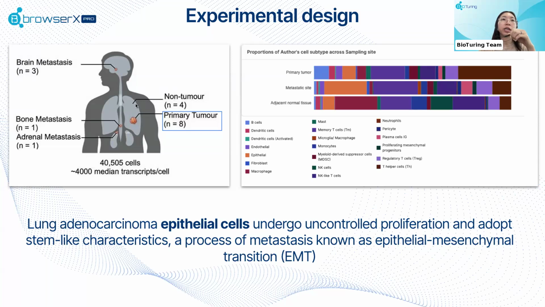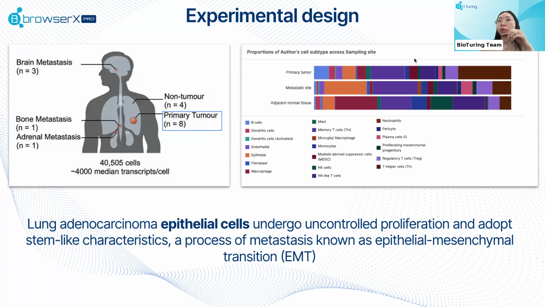Here they're taking lung samples from the adjacent normal tissue, and then also samples from the primary tumor, and then samples from 3 different sites of metastases. Overall, they were able to collect about 40,000 cells within the entire data set. However, for the purposes of this demo, I'll only be focusing on samples that come from the primary tumor.